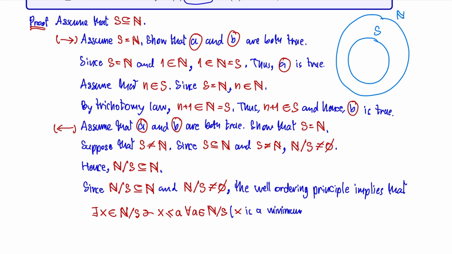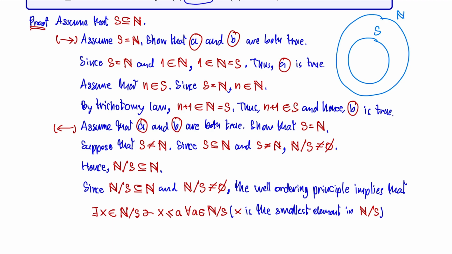You can call it the minimum element, or the least element, the smallest element, okay, in the set of natural numbers excluding set S. Okay.